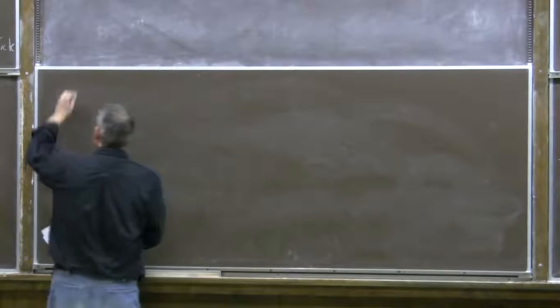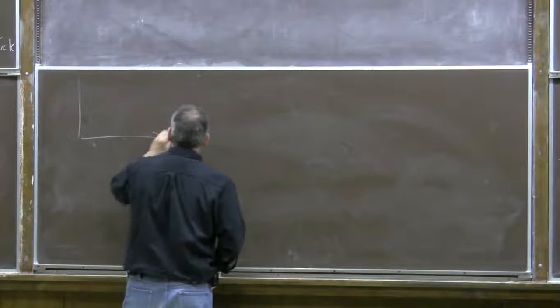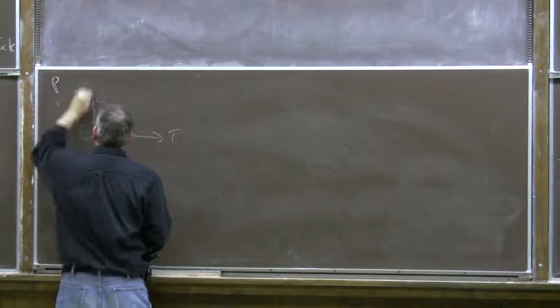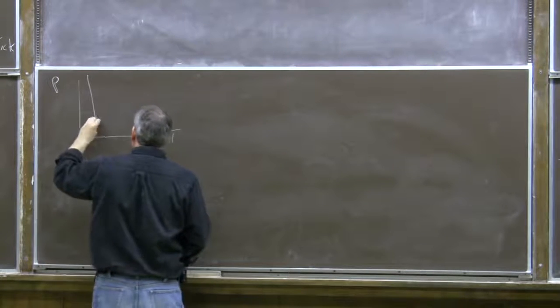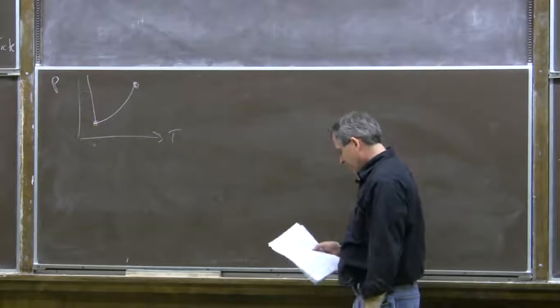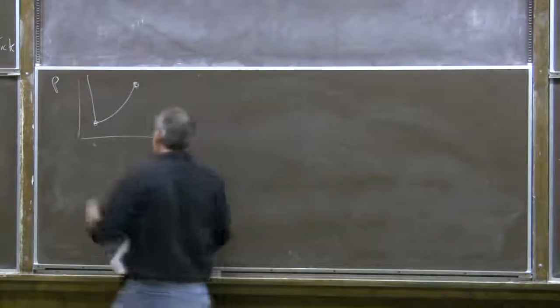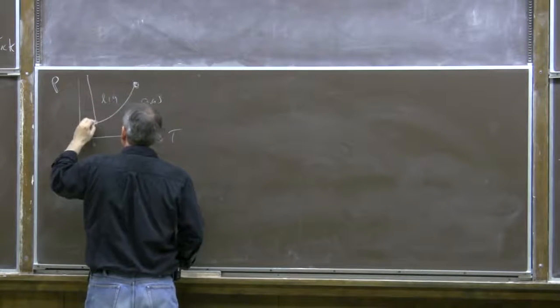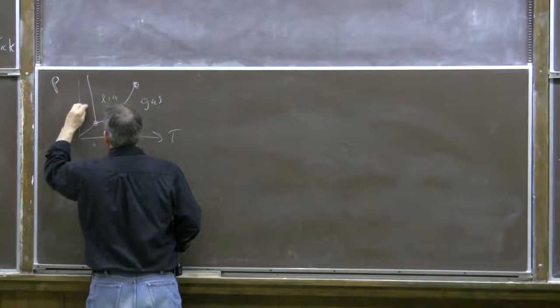Actually, we can apply the same equation to coexistence of the solid and the liquid as well. So coming back to this phase diagram, which I guess I just erased, there's a triple point, and there's a liquid-gas coexistence curve which terminates at a critical point. We have gas here, liquid here, and solid here.